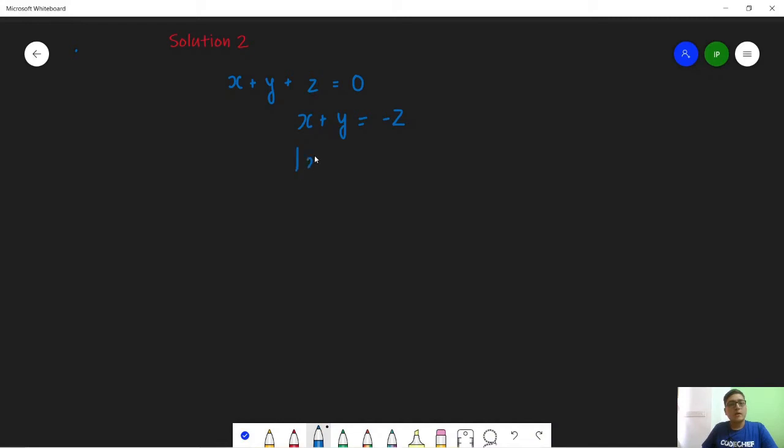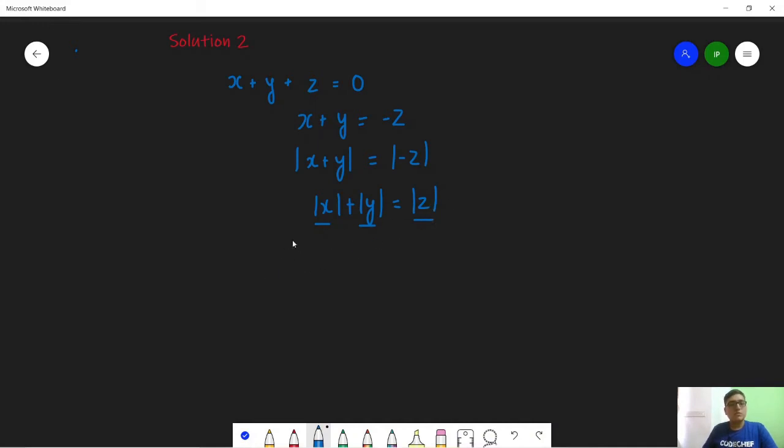So we can go ahead and apply mod on both sides. Since x and y have the same sign, we can further simplify this to get mod x plus mod y equals mod z. So now we are given the values of mod x, mod y and mod z in the problem.